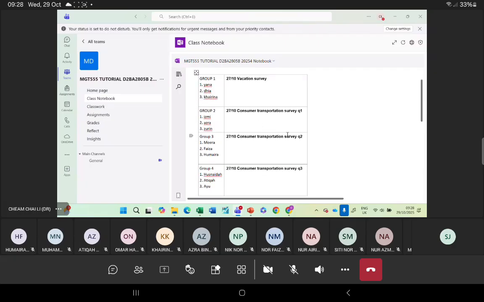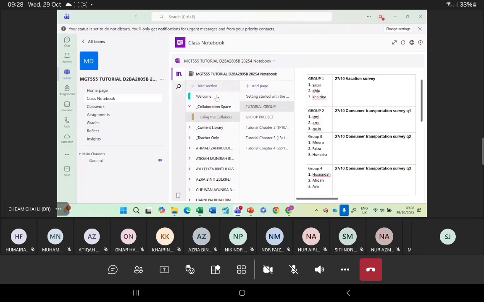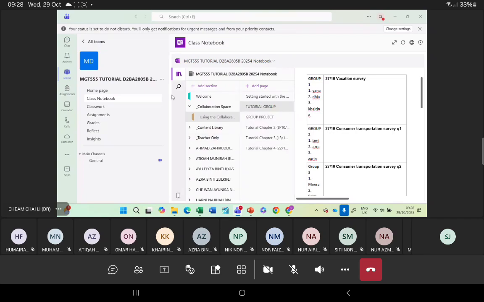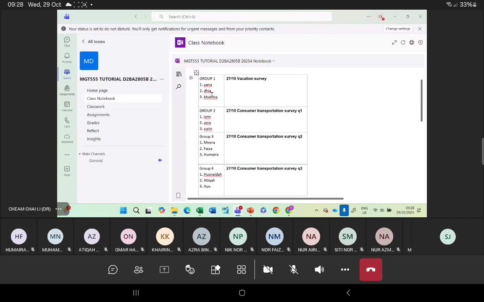Okay, you all buat semua ni, and then you paste as usual lah. You screenshot your answer and paste it in one of this. Maybe you can choose. I assume the first one is the group leader.